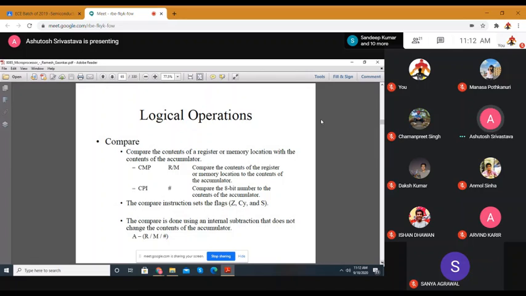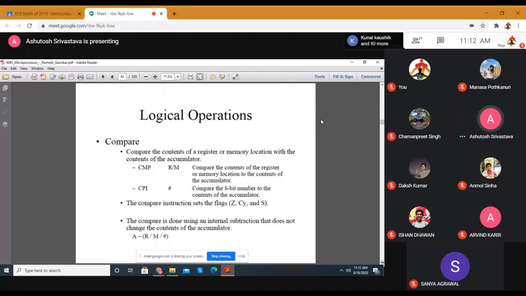So the first type is CMP. Please note down, these are very important ones. So CMP's basic function is to compare the contents of registers or memory with that of the contents in your accumulator.